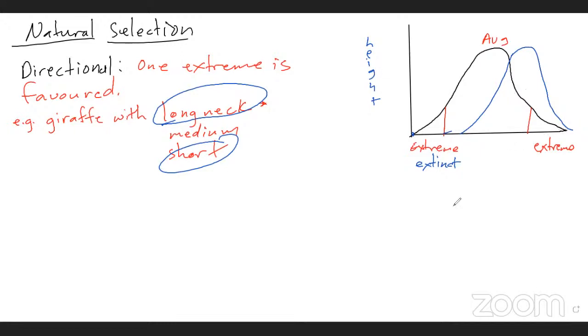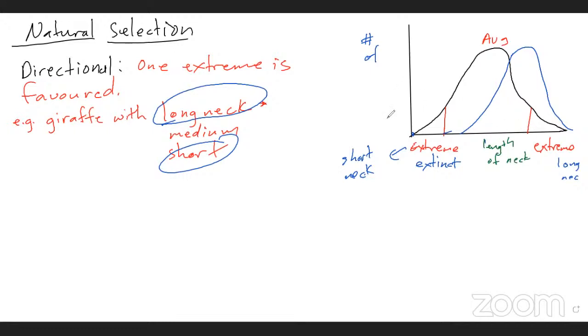Do you think the extremes will stay at the same place, but the peak would have just shifted a little and bent? Well, remember the two extremes we have. This extreme out here would be the one with short neck, and the one out here now would be the one with long neck. On the x-axis, it would be length of neck.